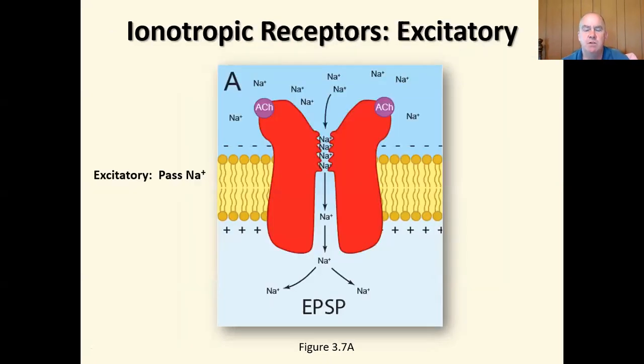But then in terms of specifics, we've got 2 main types of receptors that are important for us. One are the ligand-activated sodium channels, and we've got two different ones of those.